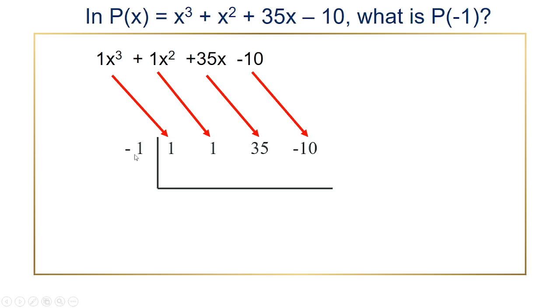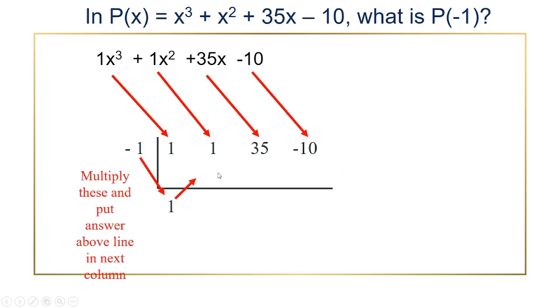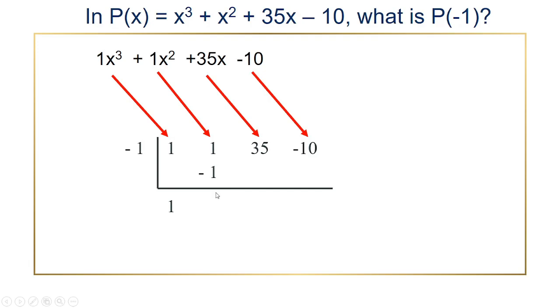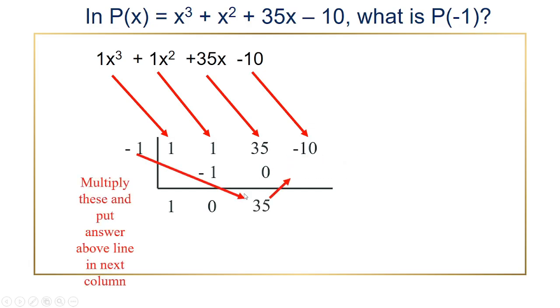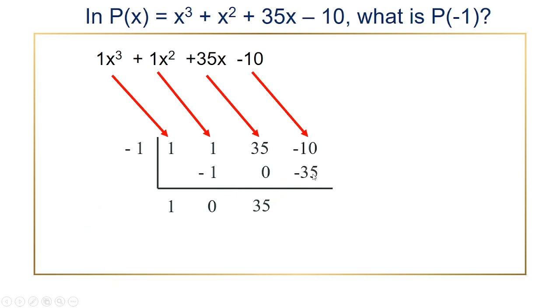So we just use it. So bring down 1, times negative 1 is negative 1, plus 1 is 0, times negative 1 is 0, plus 35 is 35, times negative 1 is negative 35.